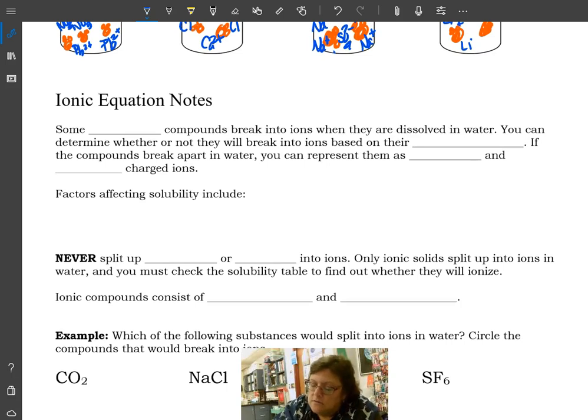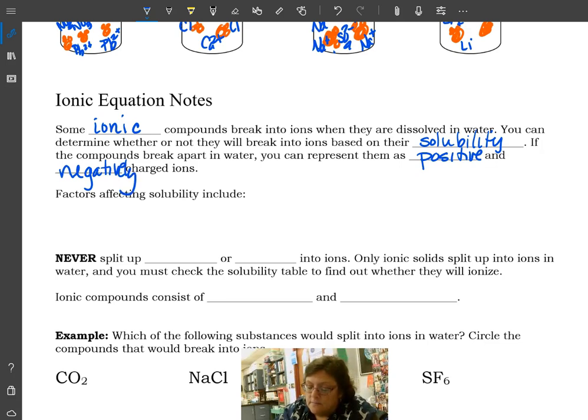Ionic equation notes. Some ionic compounds break into ions when they are dissolved in water. You can determine whether or not they will break into ions based on their solubility. If the compounds break apart in water, you can represent them as positive and negatively charged ions.